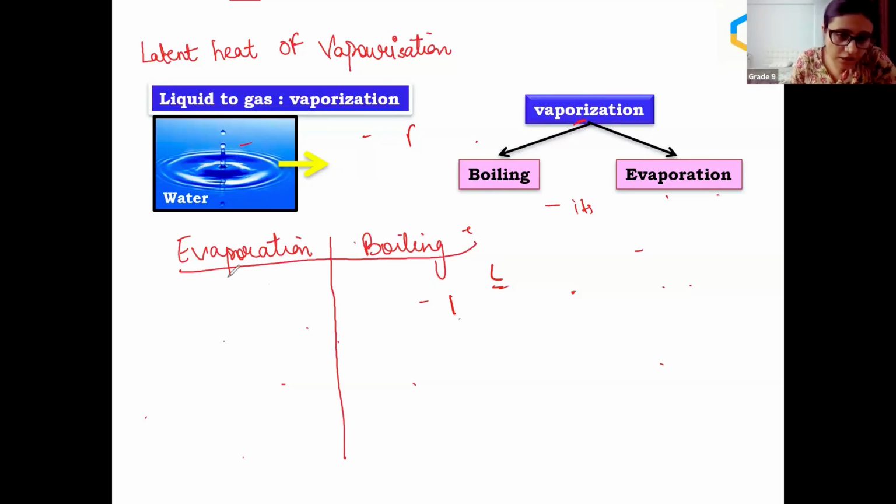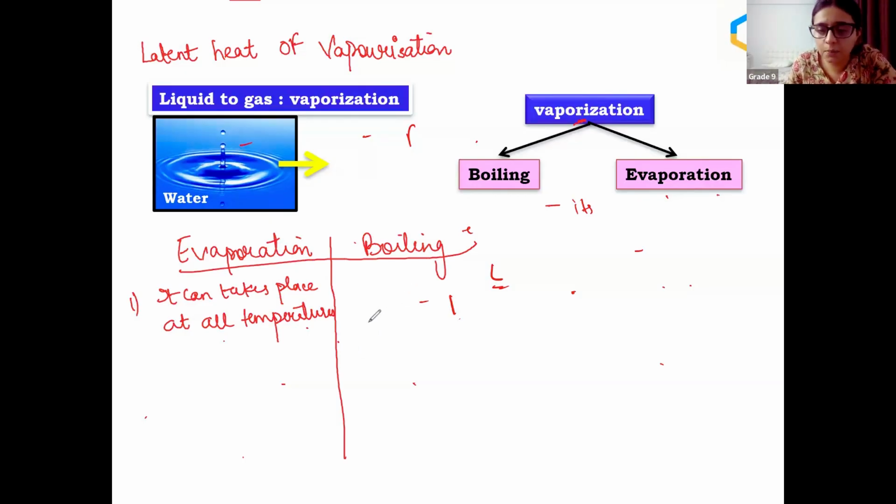So first, evaporation can take place at all temperatures. We do not need any external temperature to heat it up and change it. Boiling takes place only at a fixed temperature, and that is the boiling point.